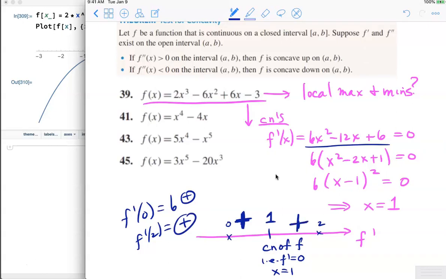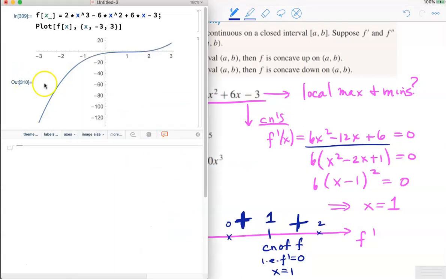What we're seeing here is that the derivative does not actually change sign, and so I think that we don't actually have a local maximum or a minimum there. This function just keeps increasing and it never comes down. So what you think in this plot is that it's going up and then maybe it's coming down.